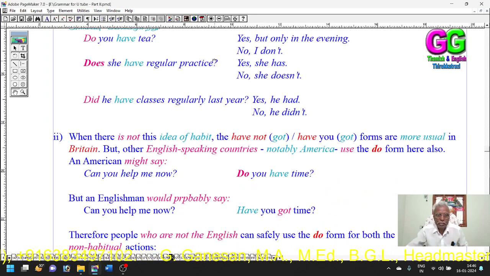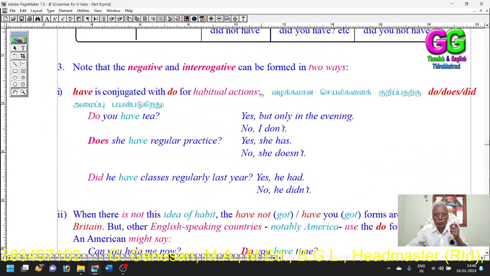To express habitual actions, we use do, do not, does not, did not, do you, does he, or did they.